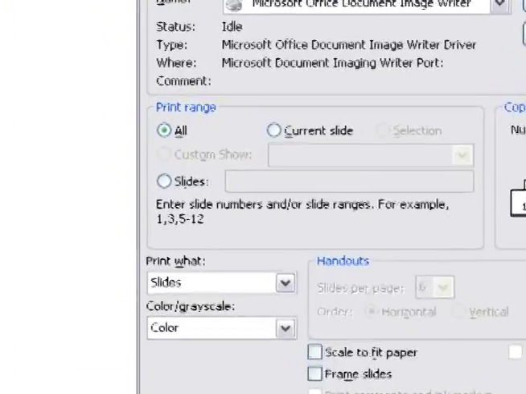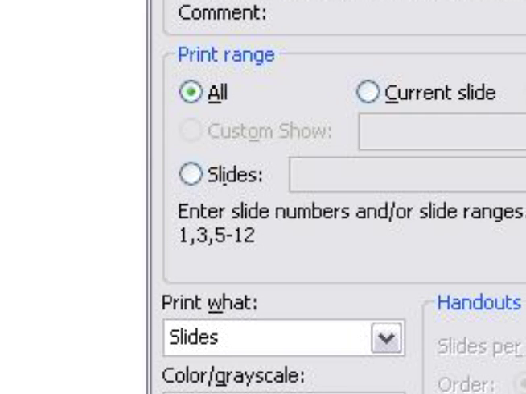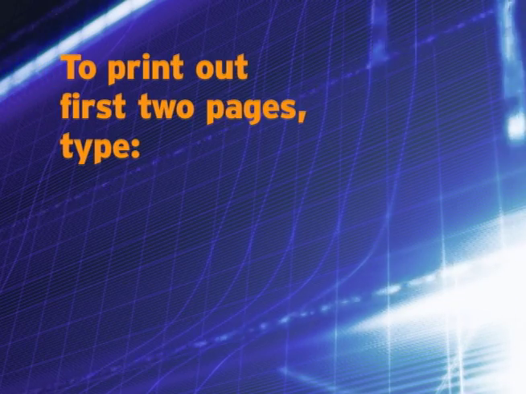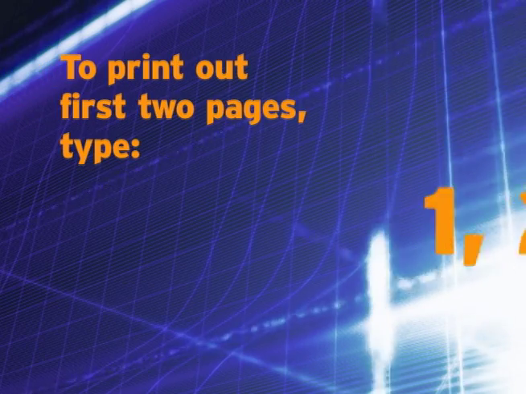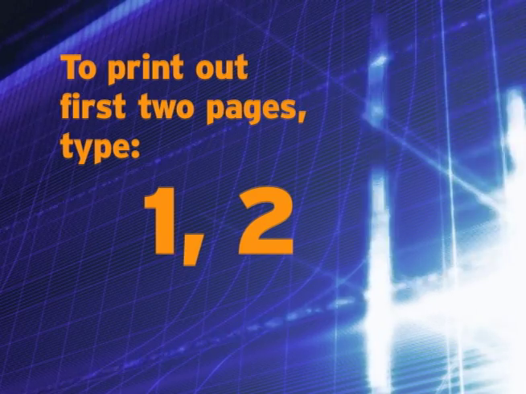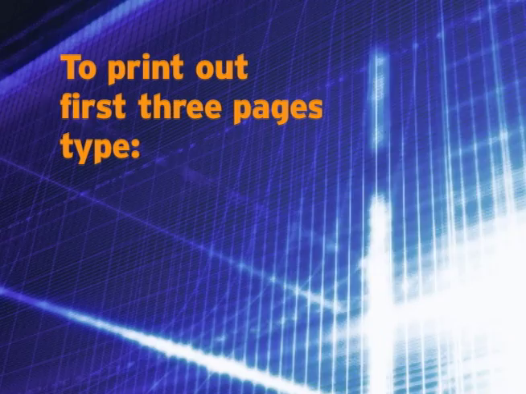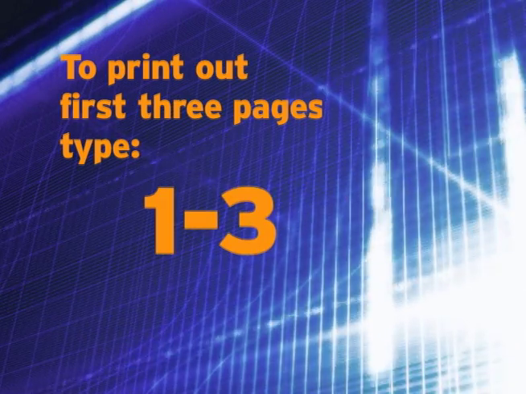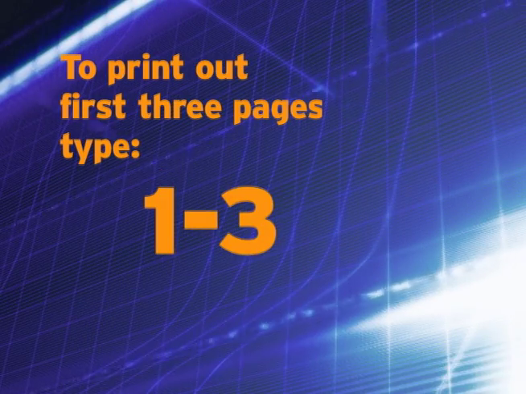Or you could select this button to print individual slides or a range of slides. If you wanted to print out just the first 2 pages, you would type 1, 2. Or if you wanted the first 3 pages, 1-3 will print from 1 to 3.